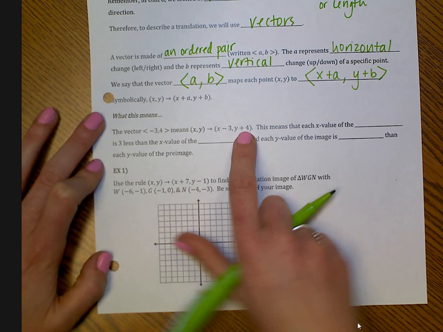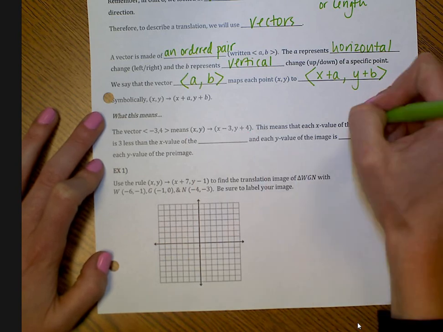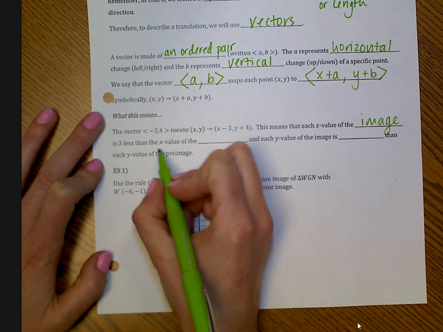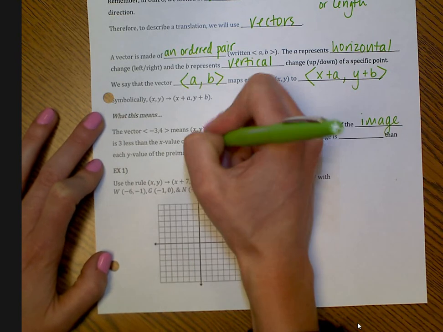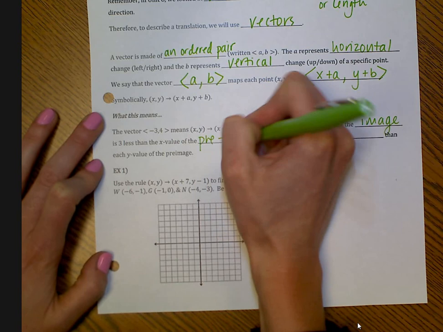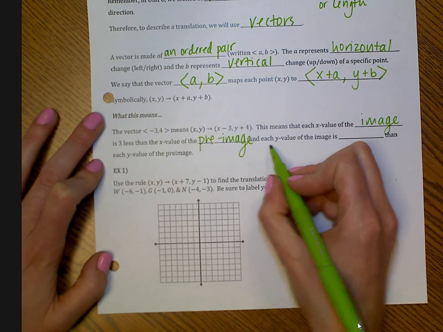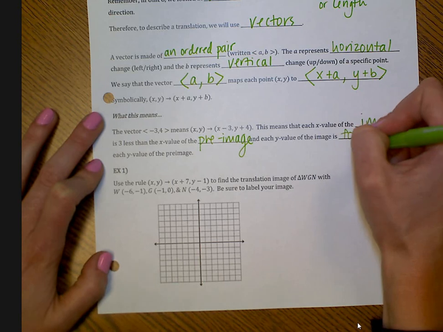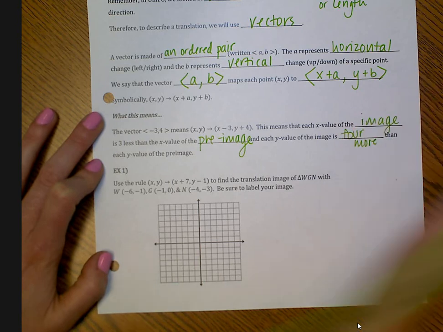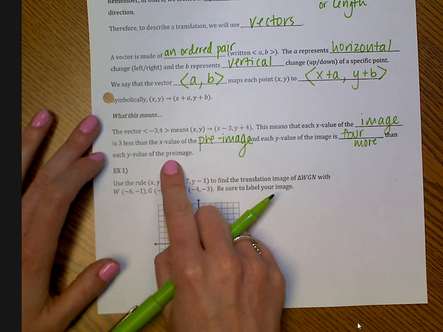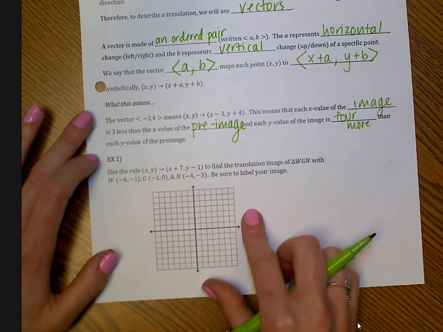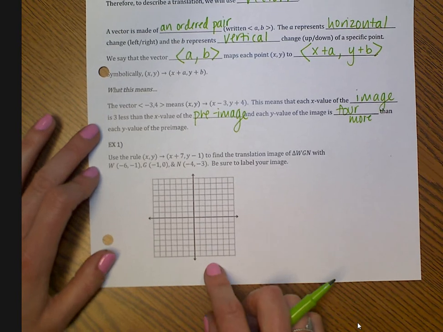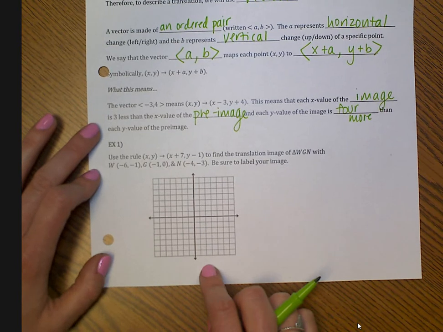So this means that each X value of the image, the new picture, is 3 less than the X value of the pre-image, and each Y value of the image is 4 more than each Y value of the pre-image. Again, that's super wordy, but it's not nearly as complicated as it seems. So let me show you a few examples, and I think you'll pick this up pretty easily.